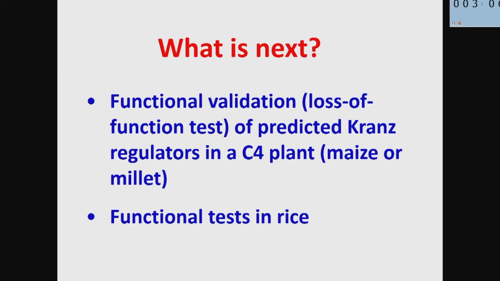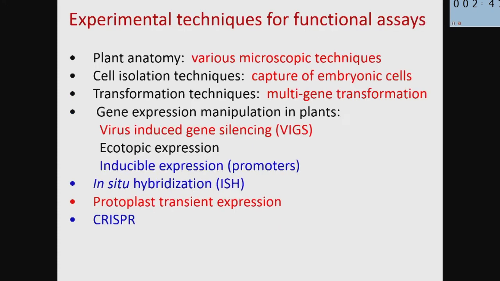And then in rice, we can test gain of function. Rice is a C3. It doesn't have the Kranz anatomy, and if we transform the gene into the rice genome, what kind of effect does it have? Does it help to form Kranz anatomy?